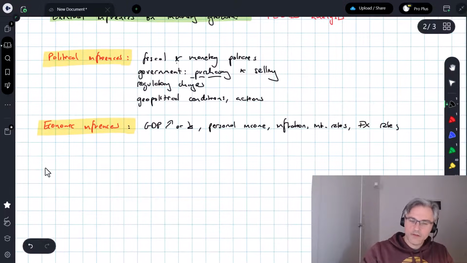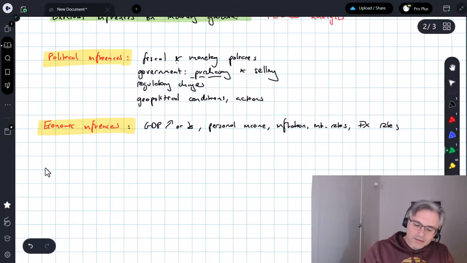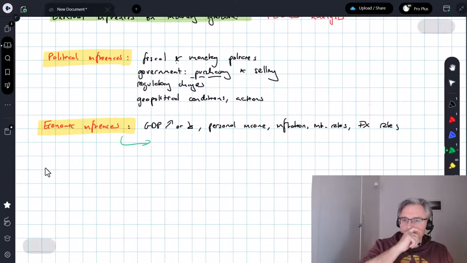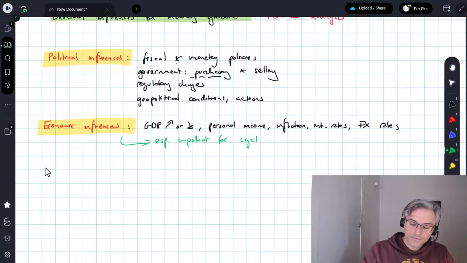All of these are macroeconomic influences or variables, and they will be especially important for those industries which we typically describe as cyclical. Those are the ones that go up and down quite a lot when conditions in the markets or in the economy change.